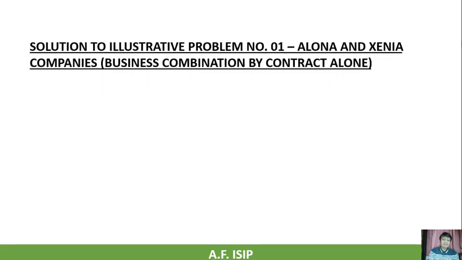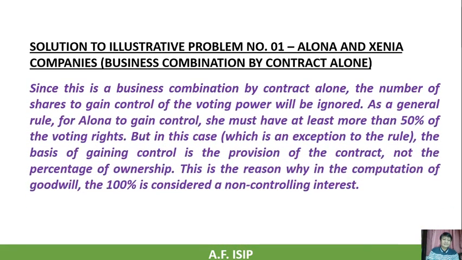So this is a business combination by contract alone. Contract between Alona Company and Xenia Company. So let me explain this business combination. Since this is a business combination by contract alone, the number of shares to gain control of the voting power will be ignored.